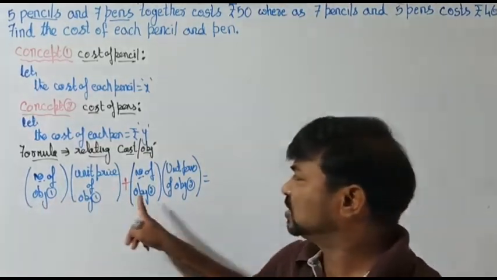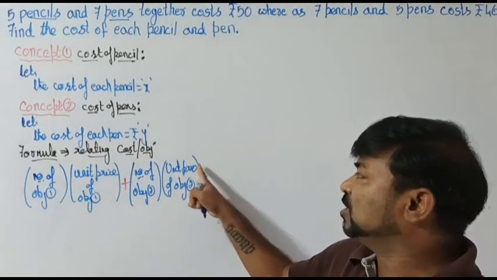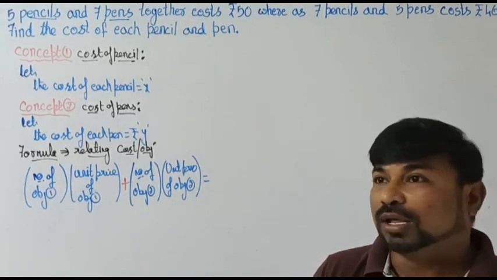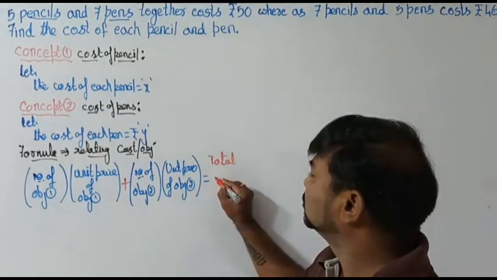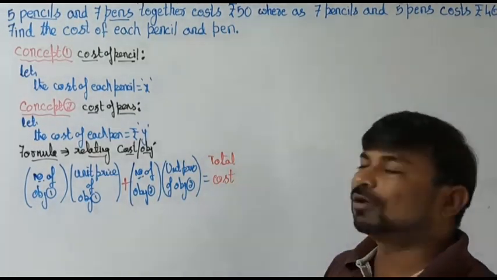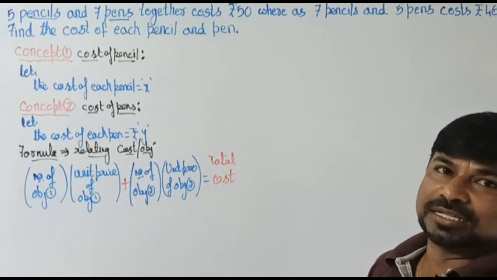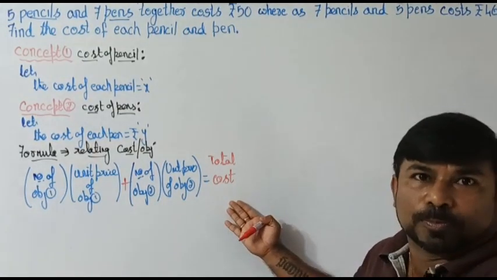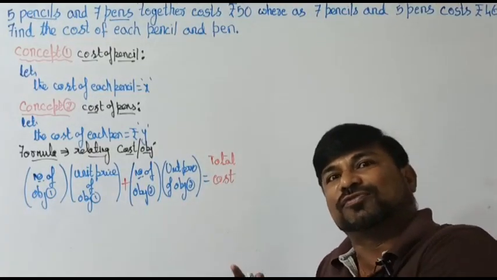First object, second object, times unit price of first object and unit price of the second object, equals the total cost of all objects. If we have 2 objects, it is the cost of 2 items together, and if it is 3 objects, it is the cost of 3 items.